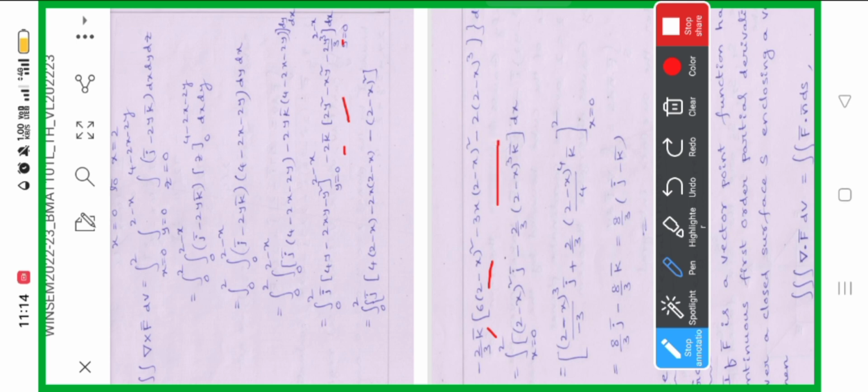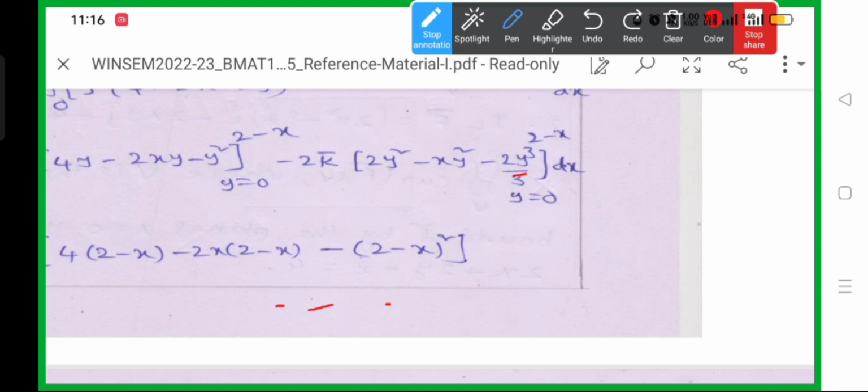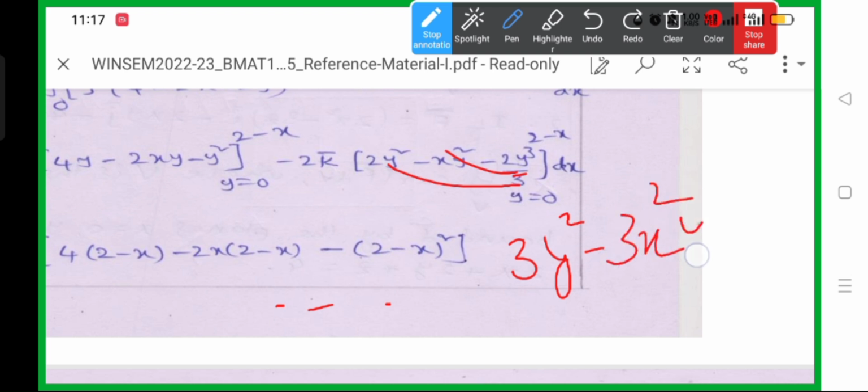Here 3 is the denominator. We have to do LCM or cross multiply these two terms. It becomes now 3y square minus 3x square y minus 2y cube.